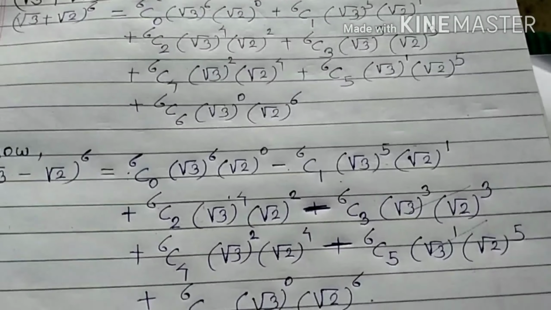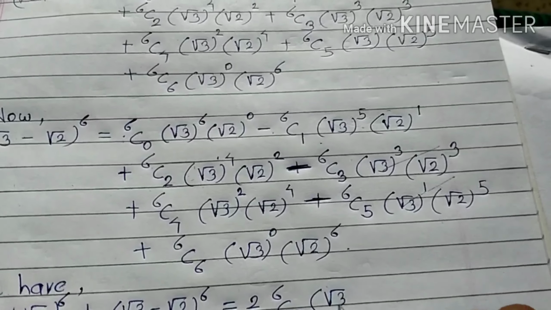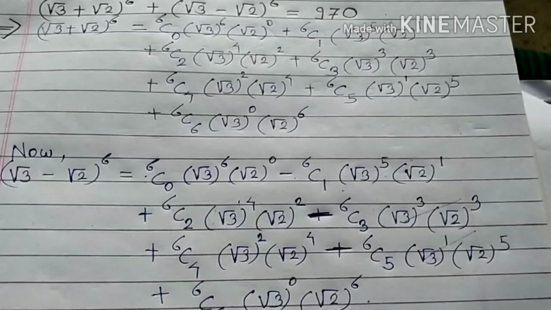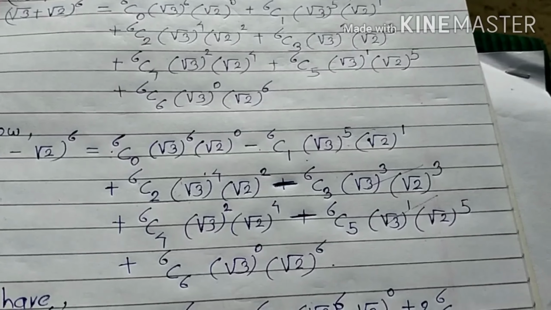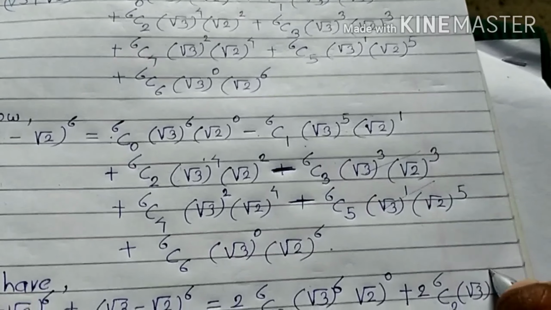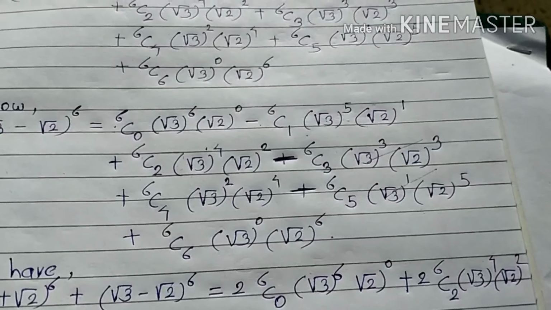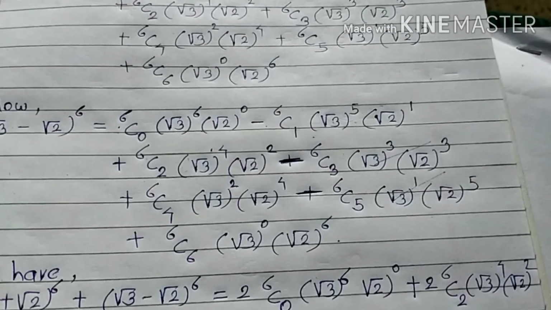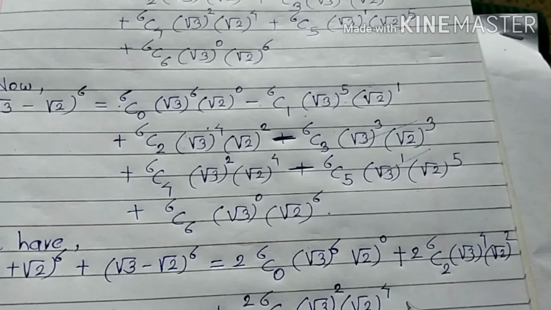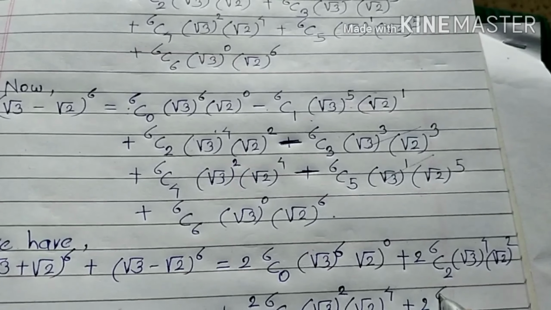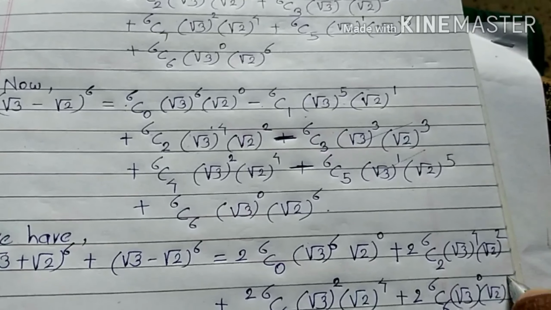So here terms like that, 2·6C0 (√3)^6 (√2)^0 plus 2·6C2 (√3)^4 (√2)^2 plus 2·6C4 (√3)^2 (√2)^4 and plus 2·6C6 (√3)^0 (√2)^6.